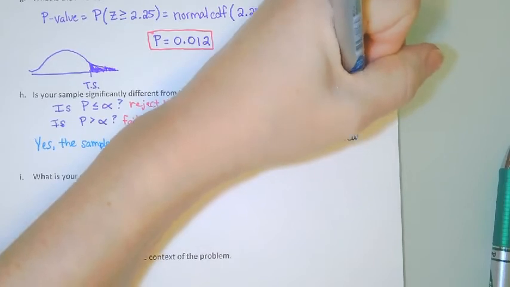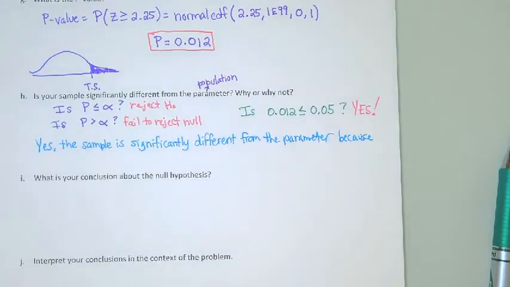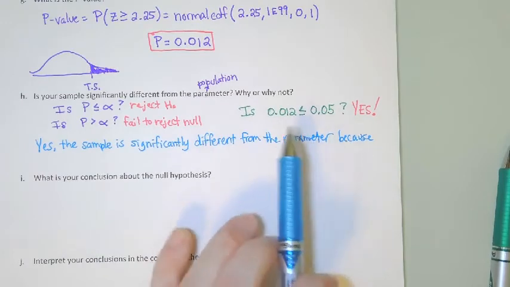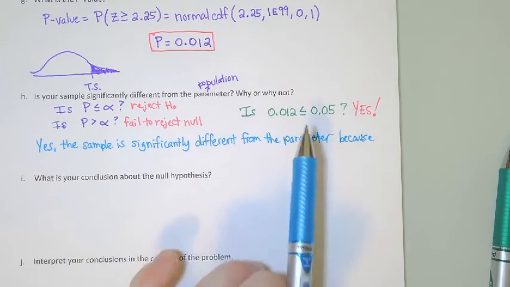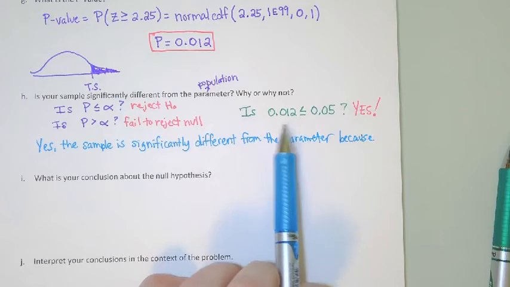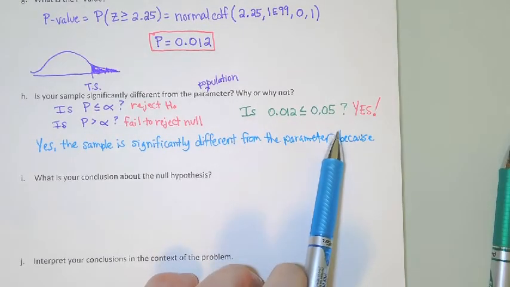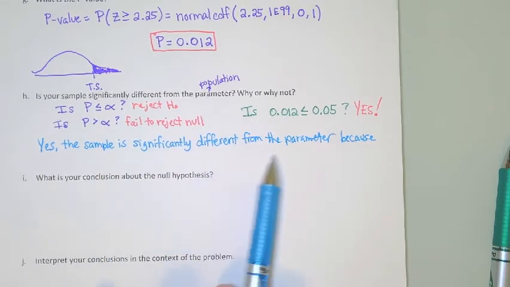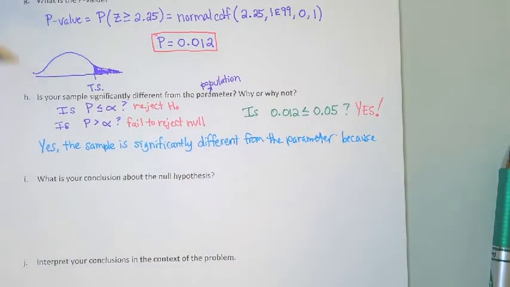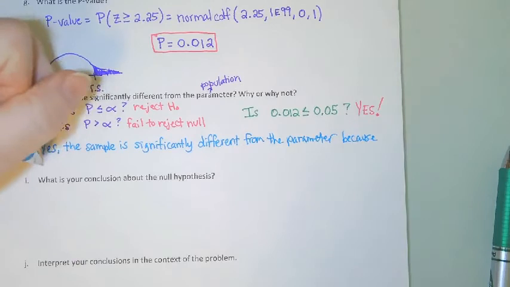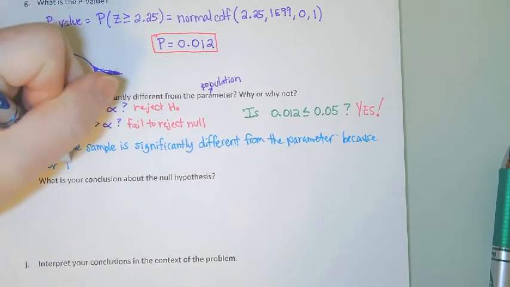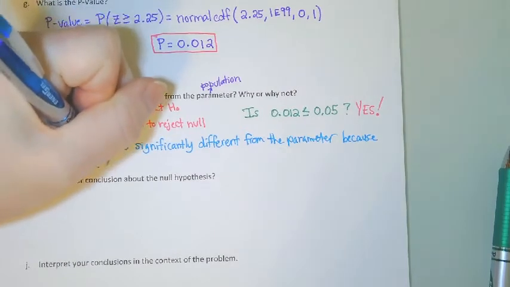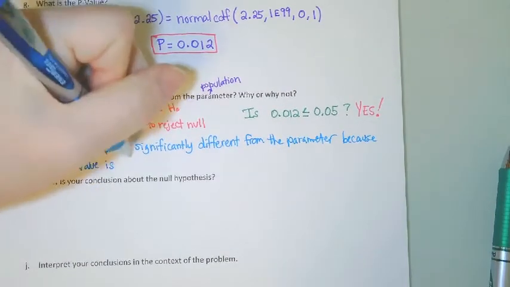Because, and the because always has to do with our comparison between the p-value and the level of significance. So yes, the sample is significantly different from the parameter because our p-value is less than the level of significance.